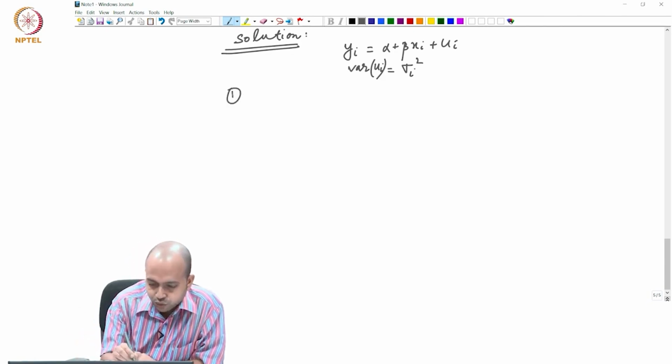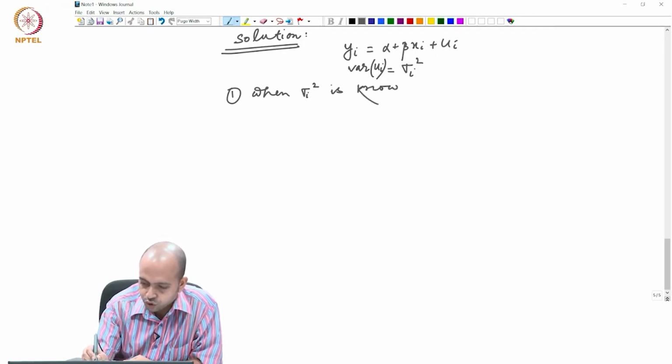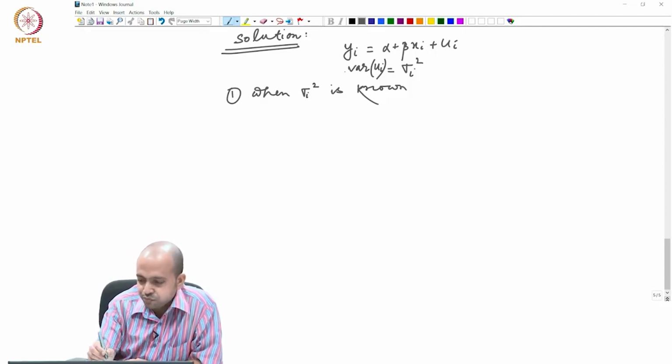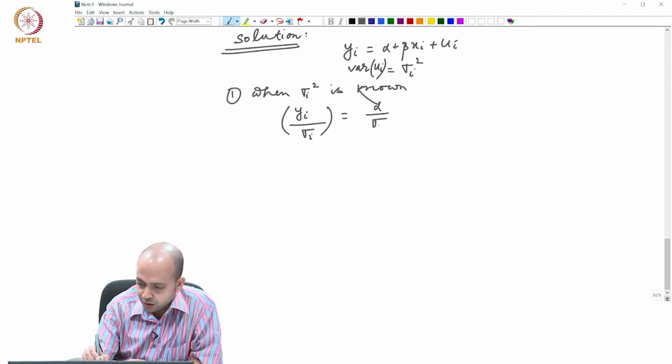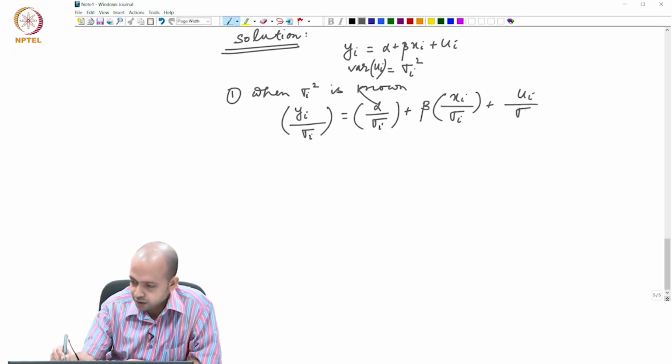There are two cases. When sigma square i is known to you, somehow you know the error variance. In that case, instead of estimating the original equation, you simply divide the equation by sigma i: yi by sigma i equals alpha by sigma i plus beta xi by sigma i plus ui by sigma i.